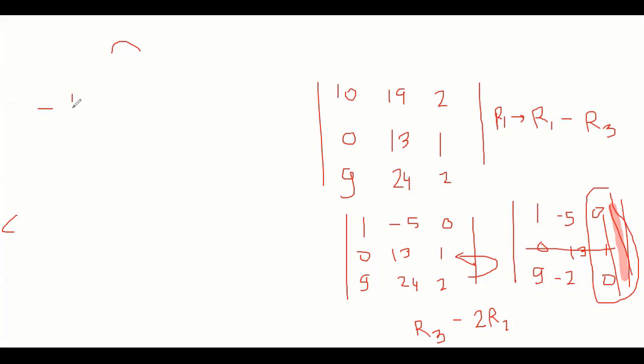So minus 1 times, what is remaining? This is gone, this is gone. So 1 into minus 2, so minus 2. Minus 9 into 5, 45, so plus 45. 45 minus 2, 43, minus 43.